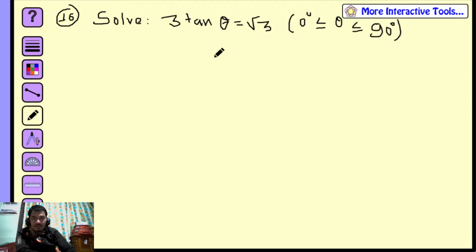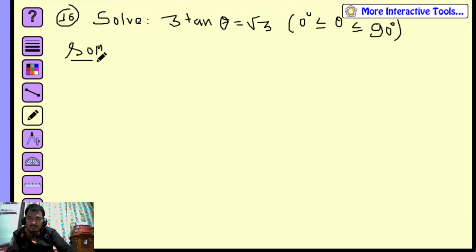We have to solve this one, and look at how to do this type of question here.